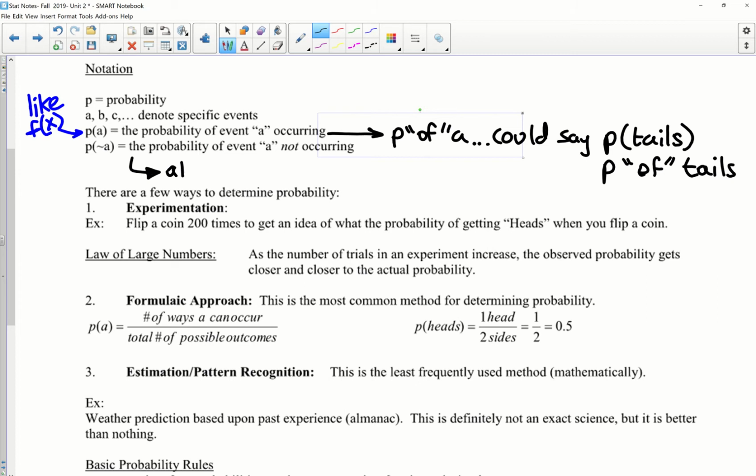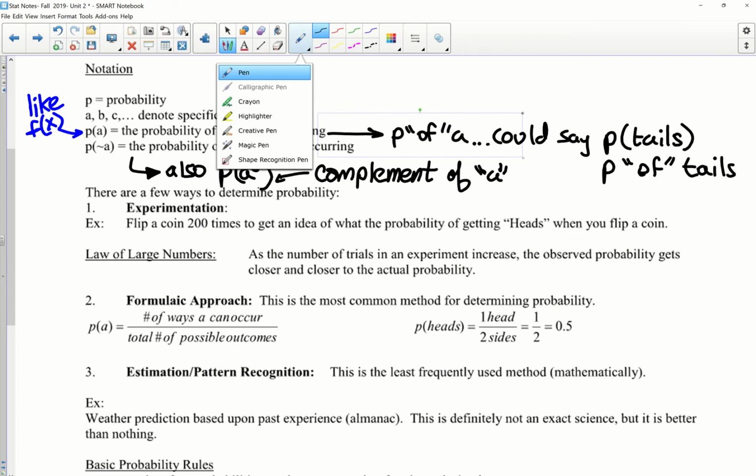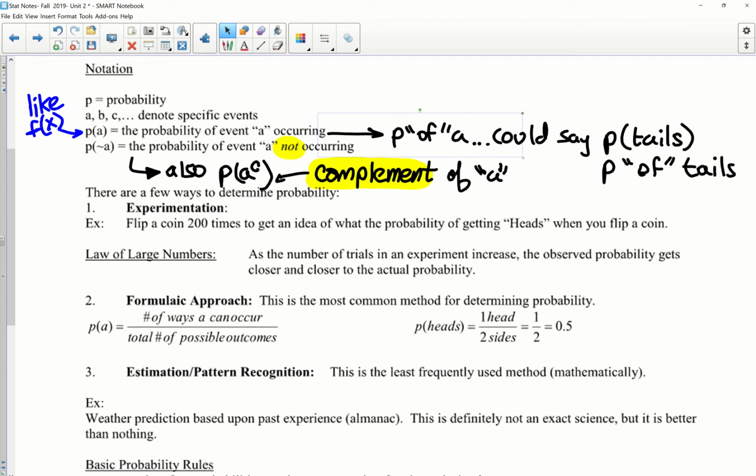Also, we could say the probability of A with a little c after it, which is the complement of event A. All right, but what we gain from that is actually something fairly simple. It just means that the word complement means generally the same thing as a not, or the opposite. All right, it means everything else.